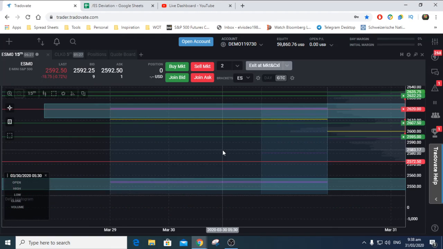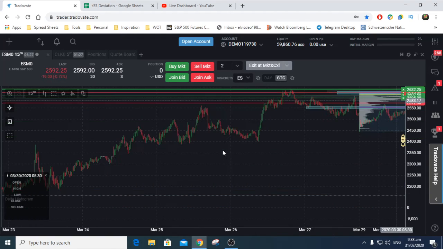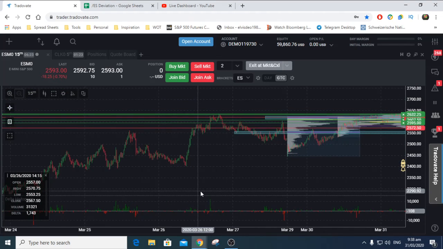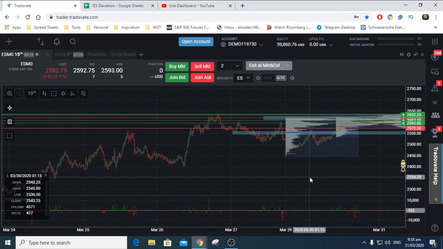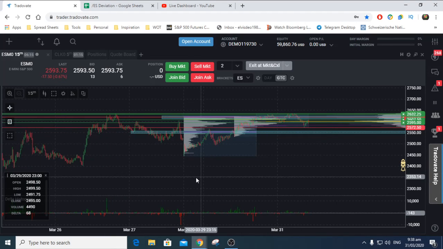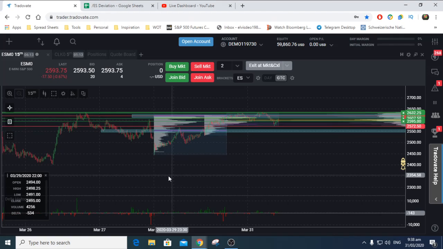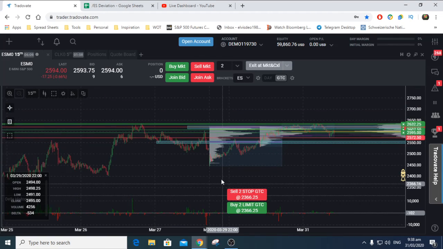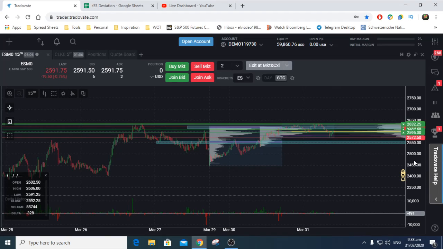Go to 50-minute chart to show that a little bit more clearly. I am short on a weekly option from 2600.